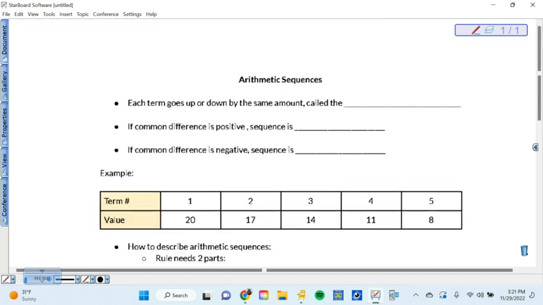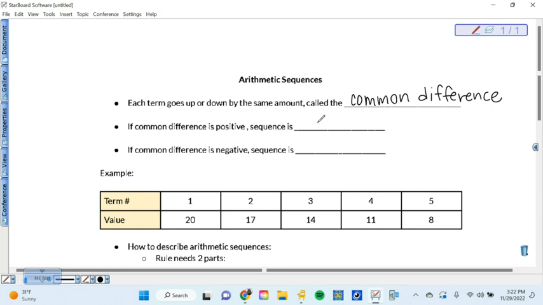Okay, so sequences are just lists of numbers, any old list of numbers. But arithmetic sequences are specific because you either add or subtract to go from term to term. Every term you're going up or down by the same amount. And what is that amount called? Common difference. If the common difference is positive, is the sequence going to be increasing or decreasing?